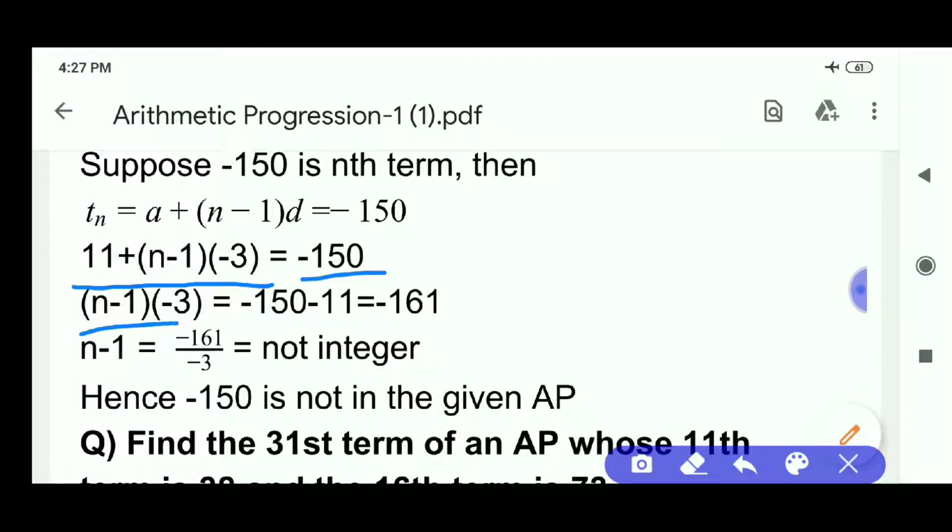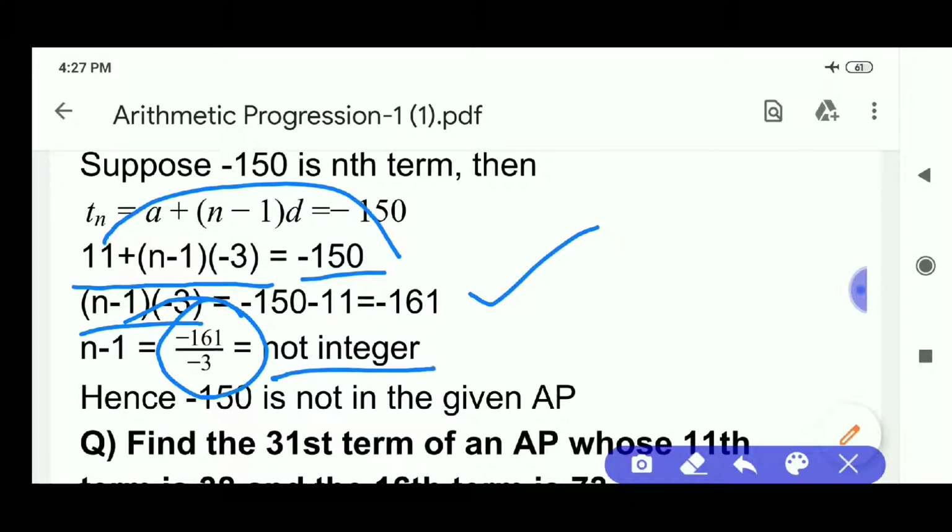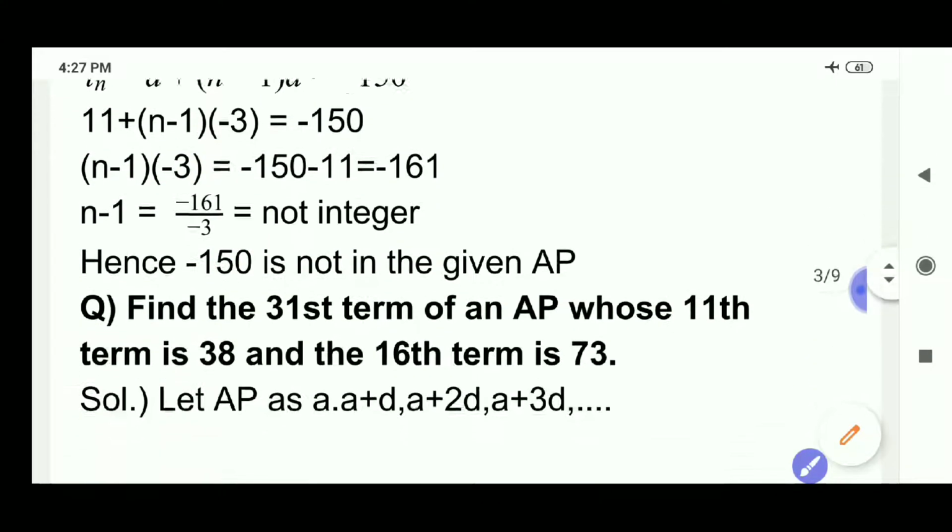So n minus 1 into minus 3 is minus 150 minus 11, which is minus 161. n minus 1 is minus 161 by minus 3. It is not an integer. Hence, minus 150 is not in the given arithmetic progression.